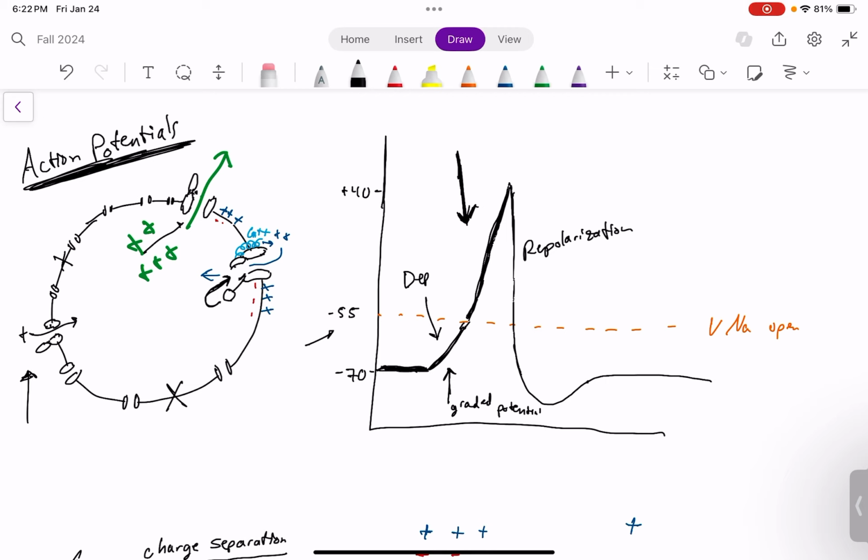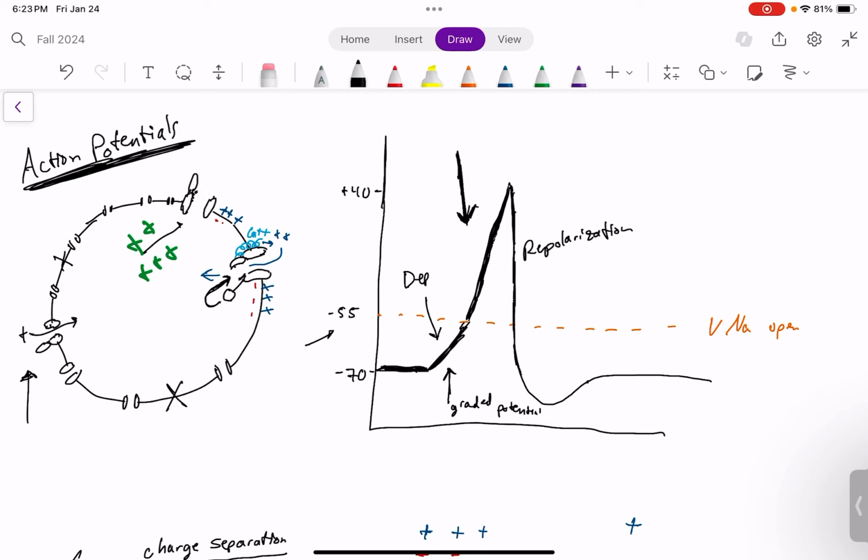Starts here, and then there's a little graded potential that allows a slight depolarization, and then that begins a huge action potential. And then the sodium gets inactivated, the potassium channel finally opens all the way, and it repolarizes.